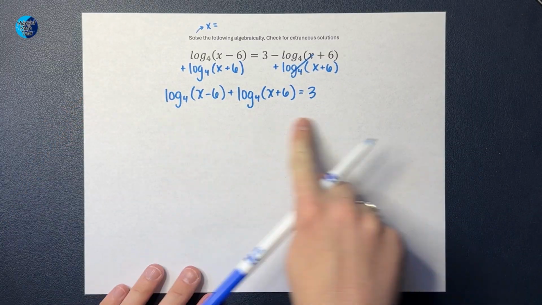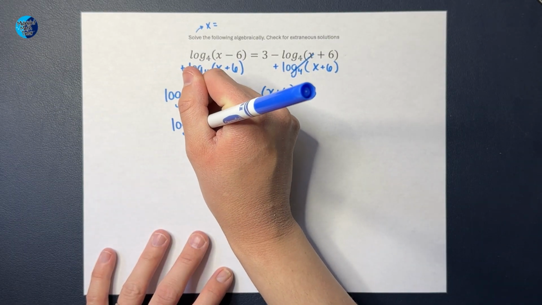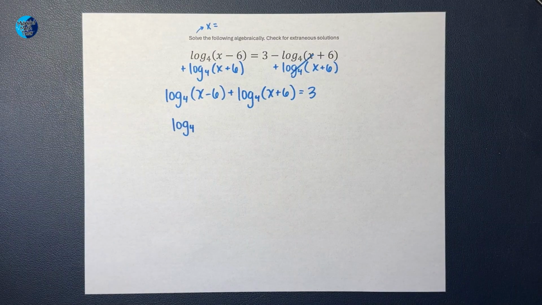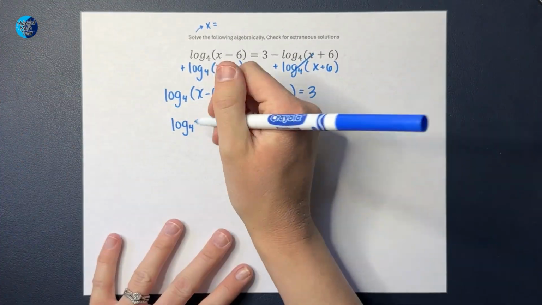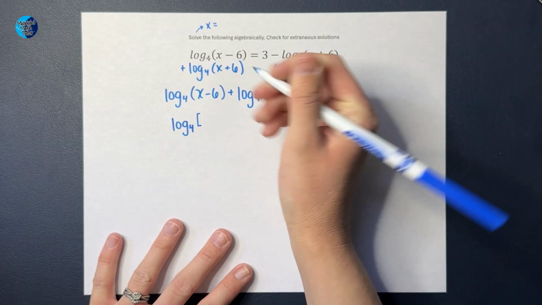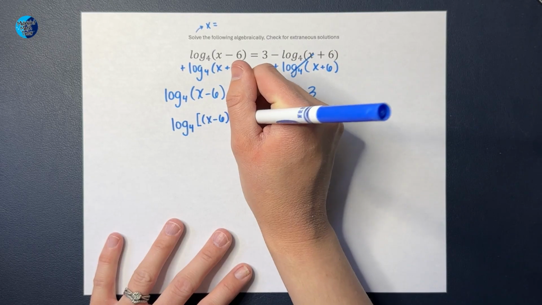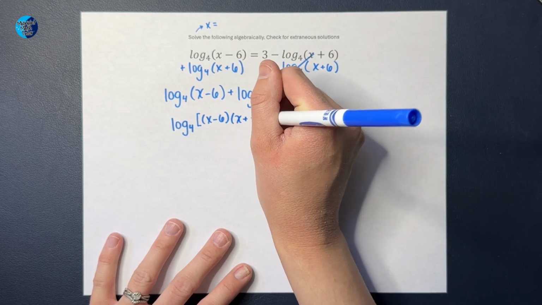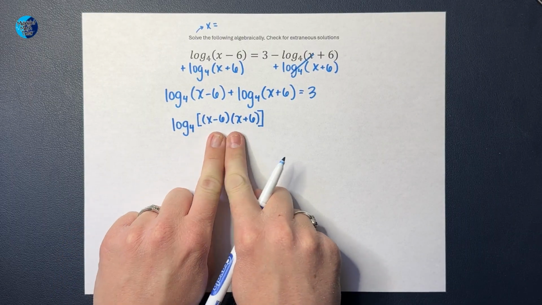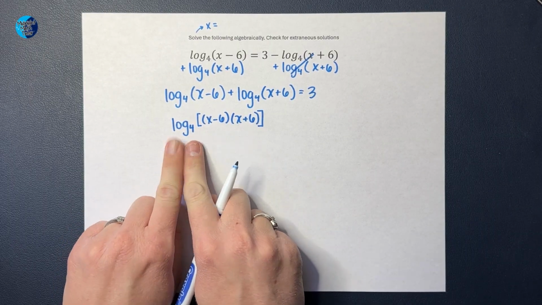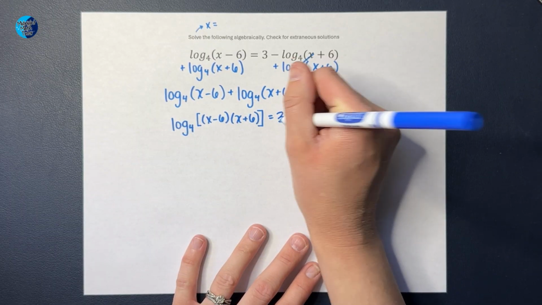So I can rewrite this as log base 4 of, I'm going to use brackets so that I can tell what's happening inside my log, a bracket x minus 6 times x plus 6 and close that bracket. That makes sure that I include both of those with the log. And this is equal to 3.